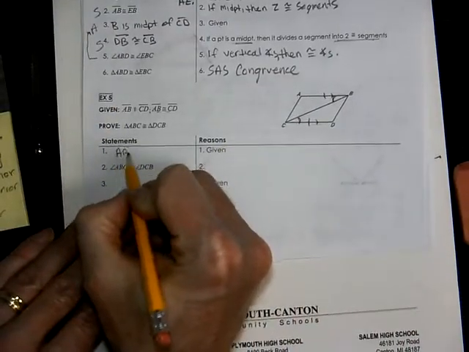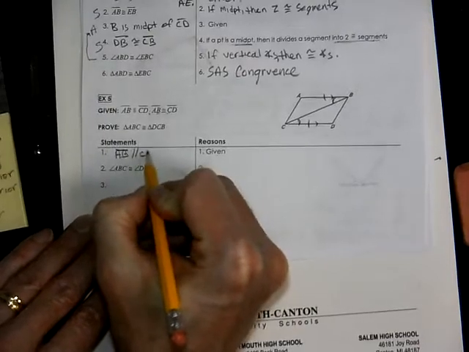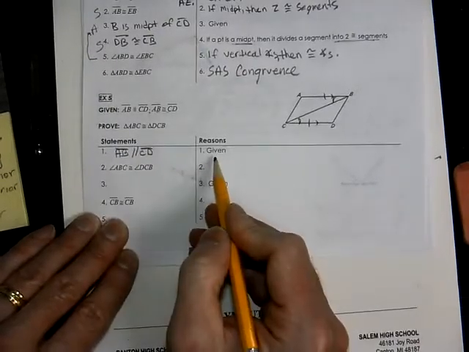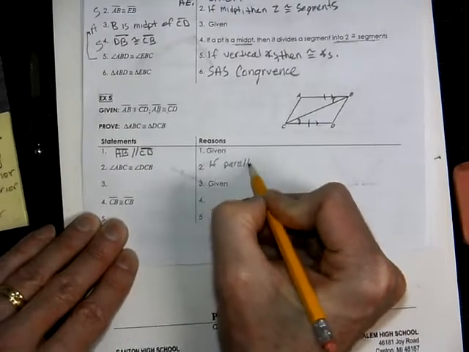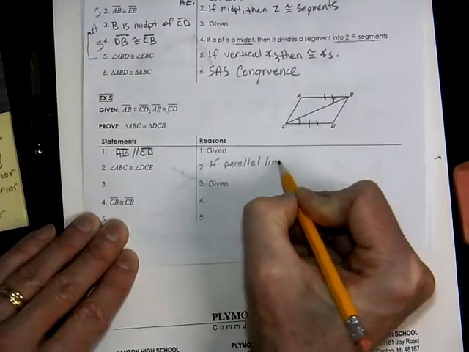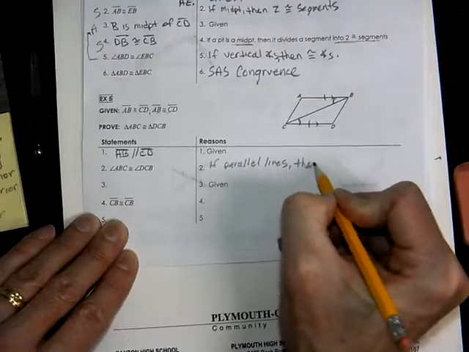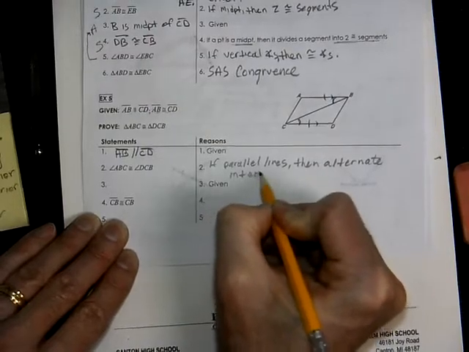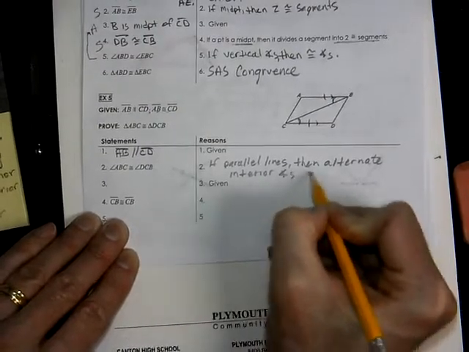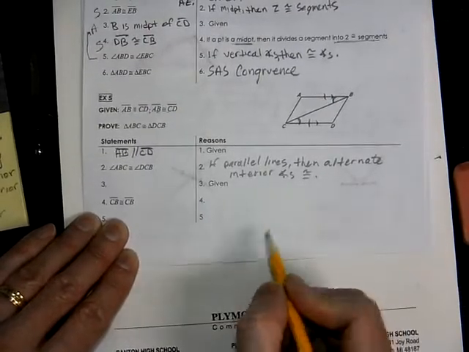So if AB is parallel to CD, then we have our given. If parallel lines, then alternate interior angles congruent.